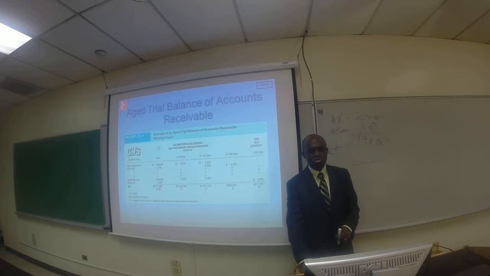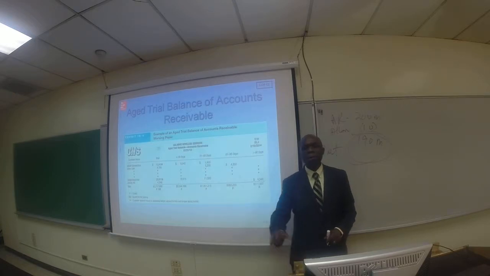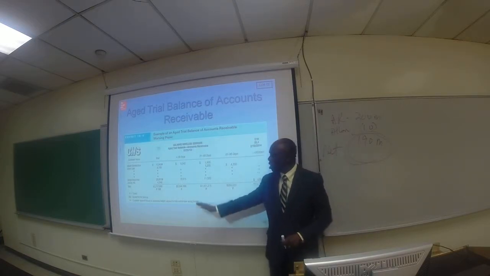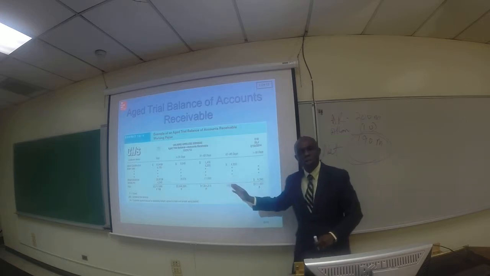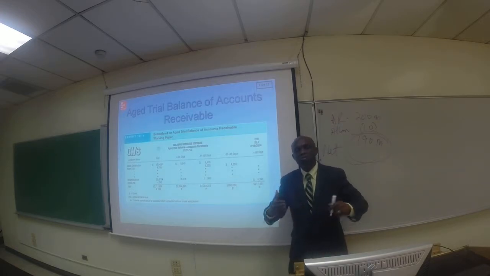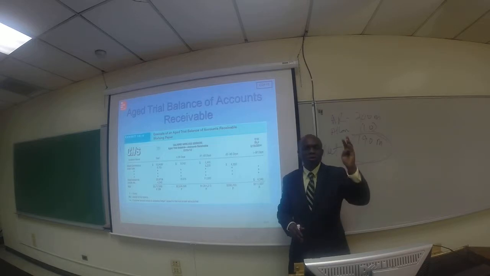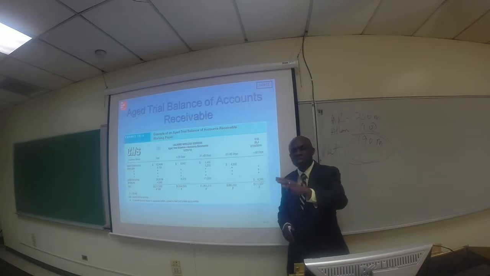All right, aged trial balance of accounts receivable, we did talk about this. There's a situation whereby the client would put all the accounts receivable into different ages, from 0 to 30 days old, 31 to 60 days old, so on and so forth. Why are we interested in the aged trial balance of accounts receivable?